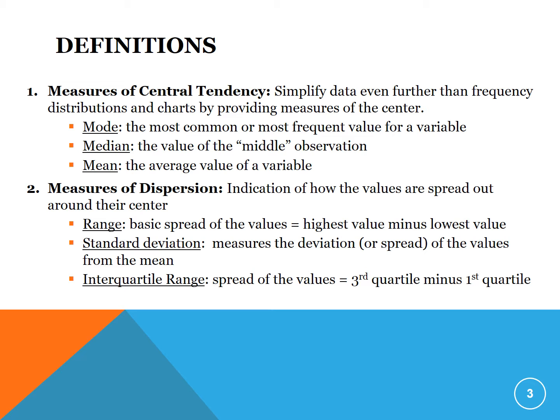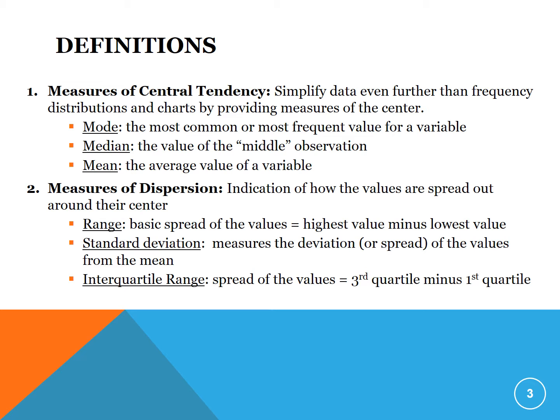We can look at it in terms of the mean, which we know in layman's terms, and we've heard this pretty much all of our lives, right? The average. The mean is another word for the average value of a variable. We can also describe a single variable in terms of its dispersion.